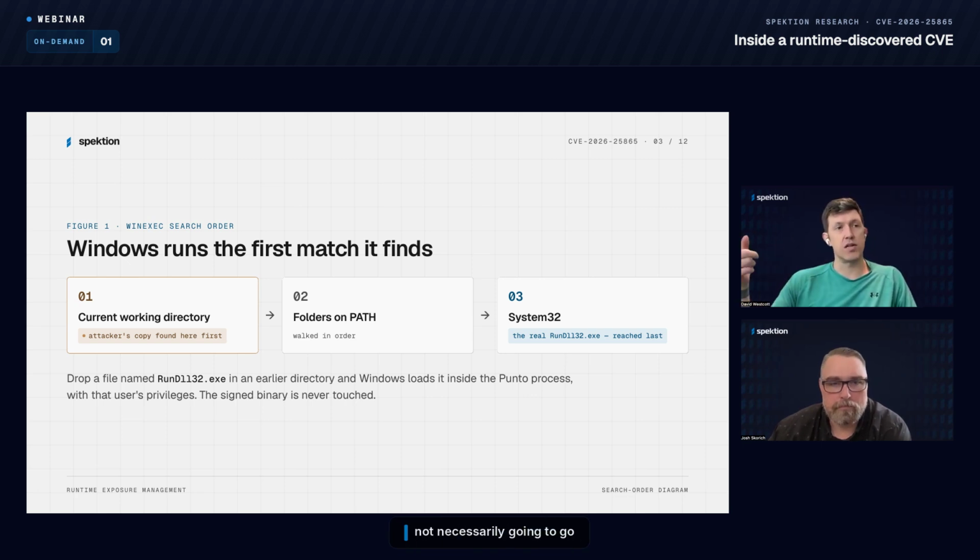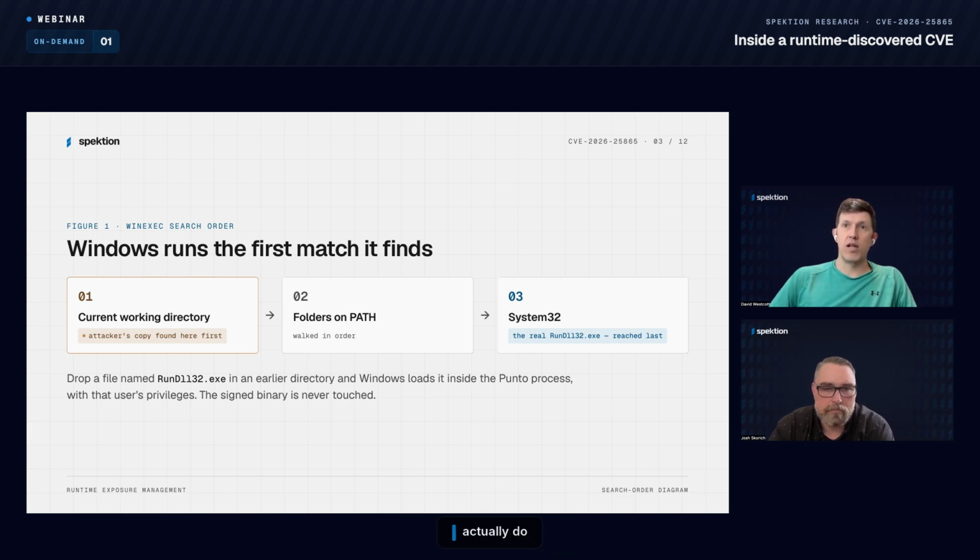So it's not necessarily going to go to System32 where the binary is, and that's what a lot of people assume when they see rundll32.exe. What it'll actually do is look in the current directory. So if punto.exe is in a directory, it's automatically going to look for a binary named rundll32.exe and attempt to run it from there. And if it can't find that, it'll eventually find its way to System32, but that's not the first place it looks.